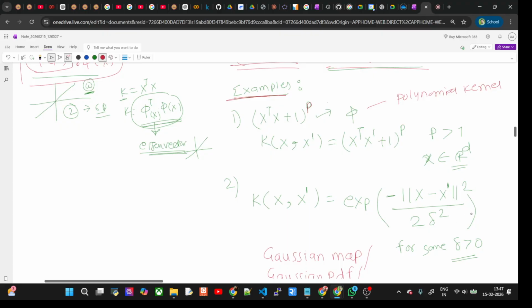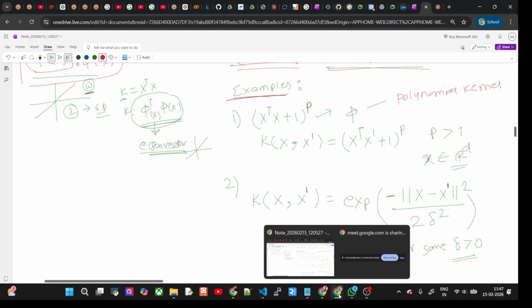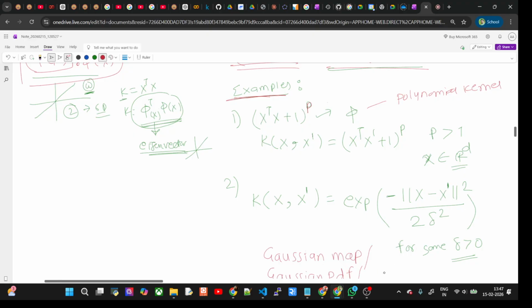There are different kernels, but in our syllabus we use two kernels as of now.